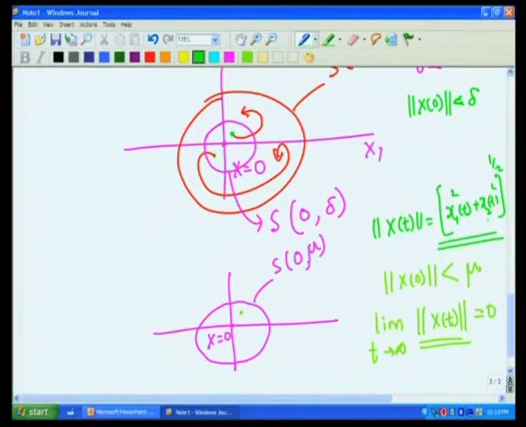That means that is our steady state. What is our steady state? x equal to 0, that means x1 equal to 0, x2 equal to 0. So, what this attractive definition says is that starting from here, at long times we actually go to the state x equal to 0.